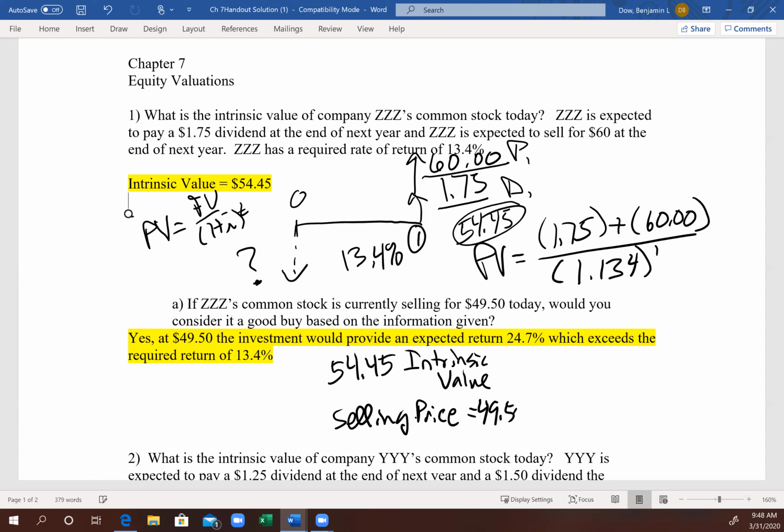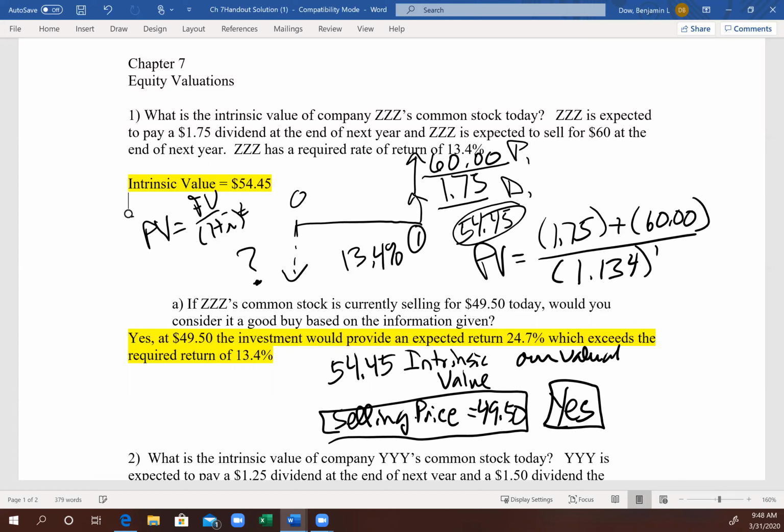And of course, the answer is what? Yes. Okay. Why? Because this security is undervalued. It's under our valuation.